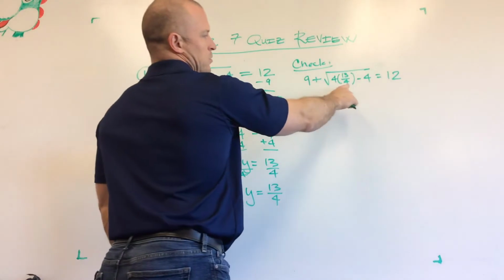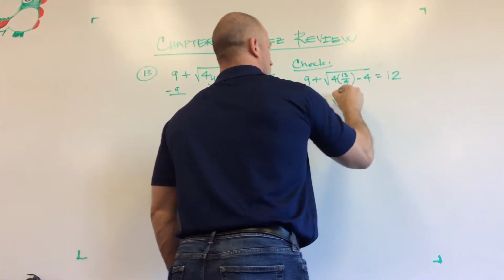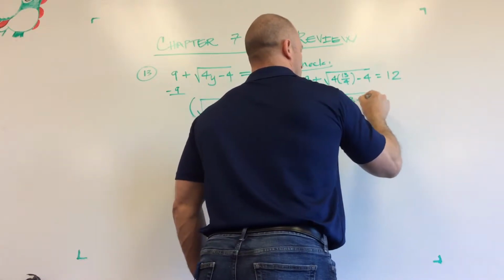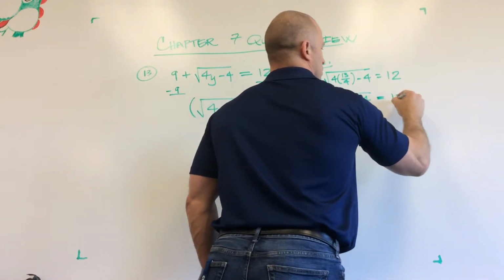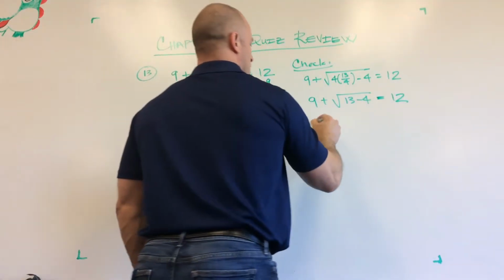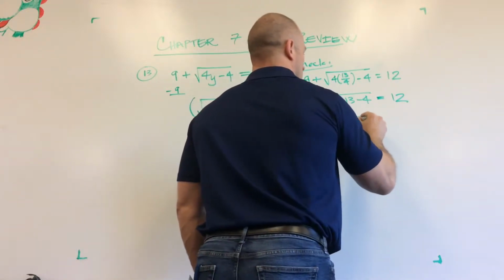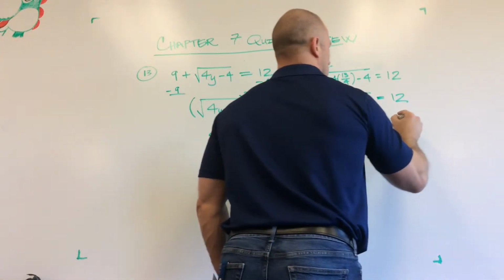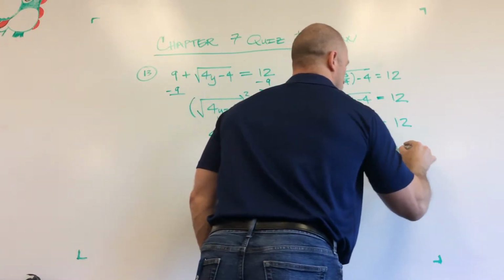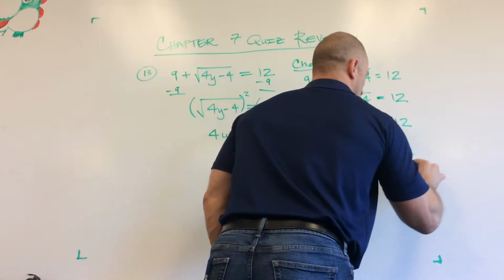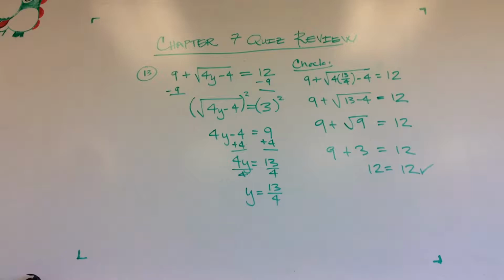Internal to the radical, we can see that this 4 will cancel with that 4, so we'll get 9 plus the square root of 13 minus 4 is equal to 12. Simplify there. We're going to get 13 minus 4 gives us 9. So we've got 9 under the radical. That's, of course, 3, so we're going to get 9 plus 3 equals 12, or 12 equals 12. And we can see that our equation checks out.